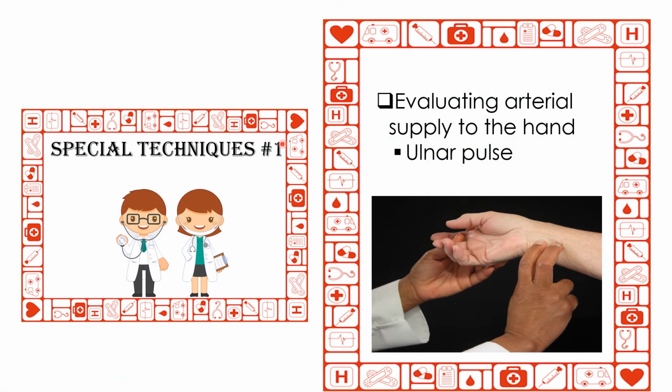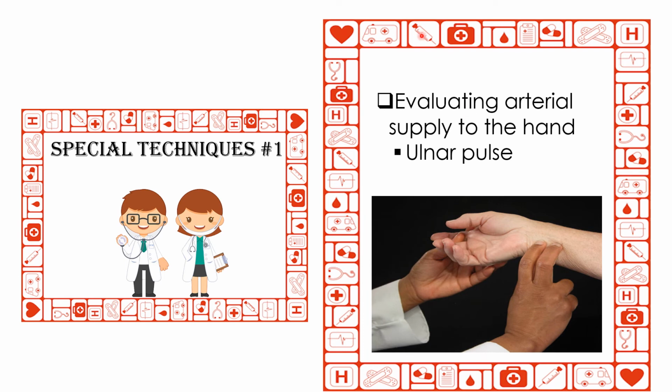Let's proceed to the special techniques in evaluating the arterial supply to the hand. To assess for arterial insufficiency in the arm or the hand, you can palpate the ulnar pulse as well as the radial and the brachial pulse. You can press deeply on the flexor surface of the medial wrist, partially flexing the patient's wrist.